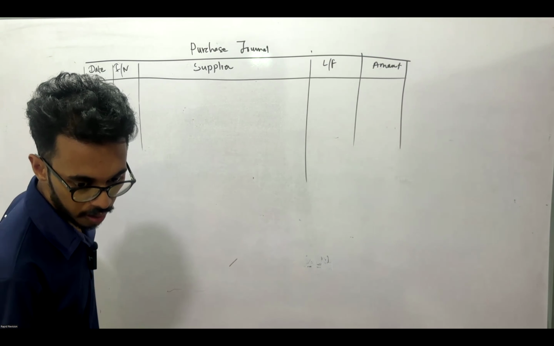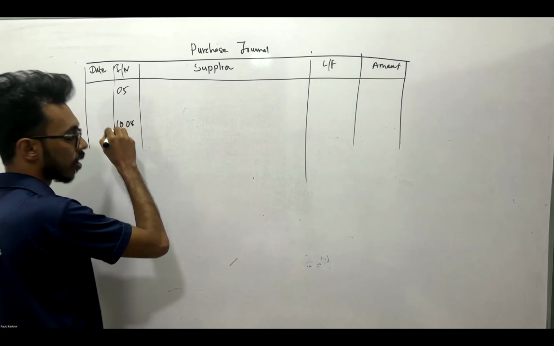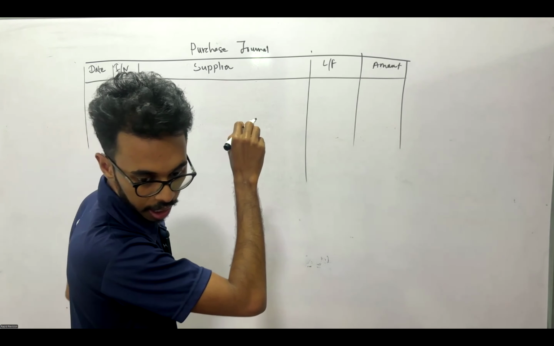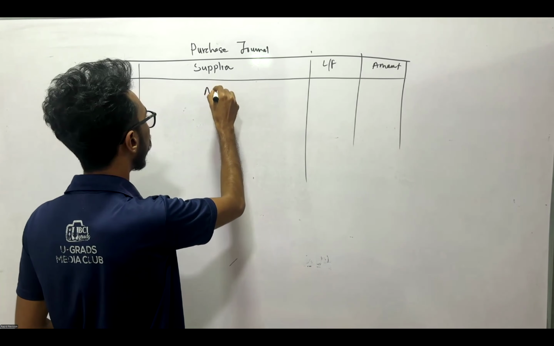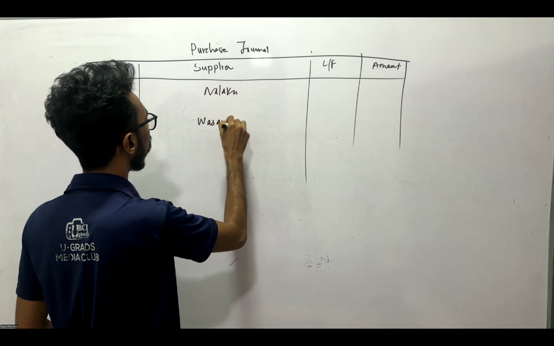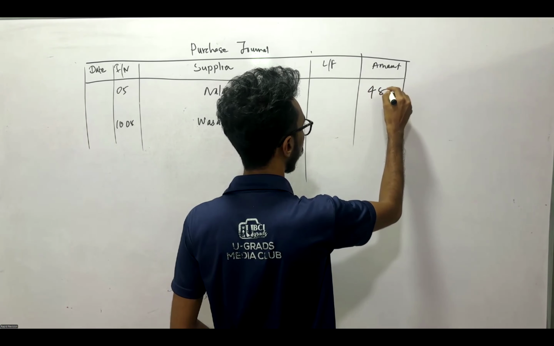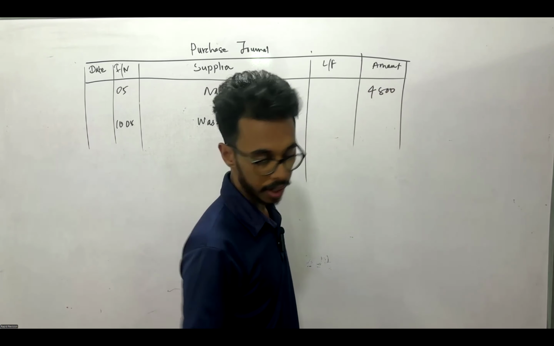Invoice number is 5, the next is 1008. The name is Nalaka and Vasana. The values are 4,800 and then 15,000.